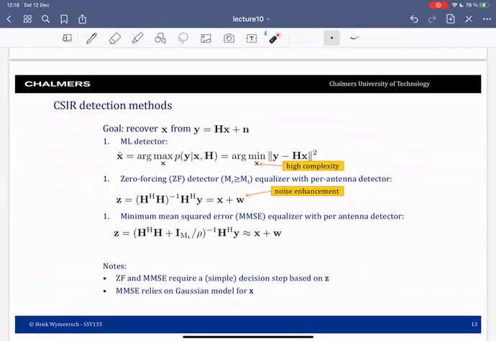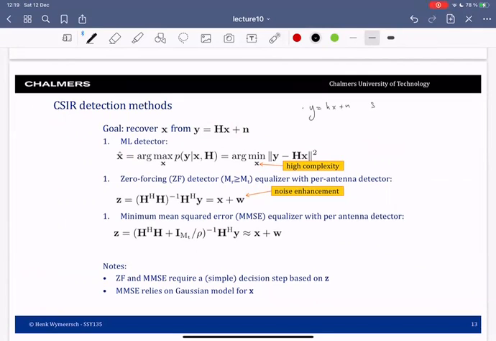Now the problem that we have is of the following form. We receive Y. We know the channel because we have channel state information at the receiver. We know the noise statistics and we want to recover X. How you solve this problem is, well, it's a standard detection problem, right? We've seen problems of the form Y is HX plus N before for scalar cases.